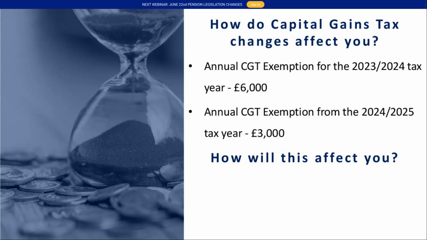So the cut to the exemption will have an even bigger impact for trustees who already only receive half the annual exempt amount and pay CGT at the higher rate of 20%. This will see the exempt amount cut to £6,150 for 2023-2024, falling to £1,500 from the following April.